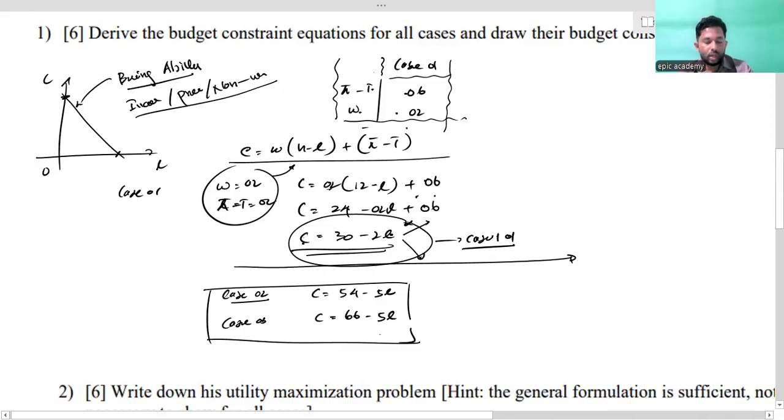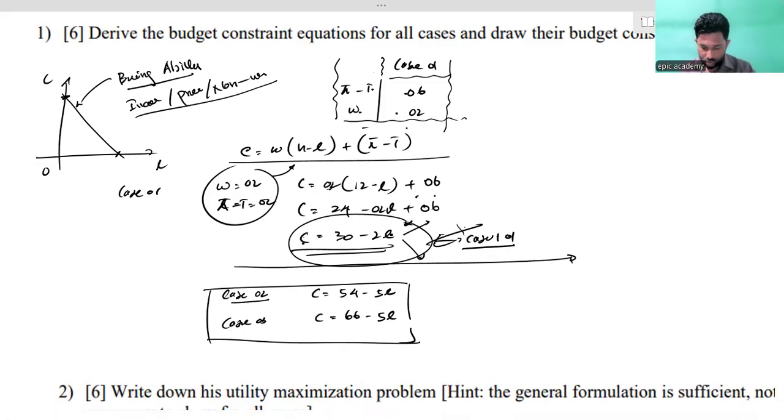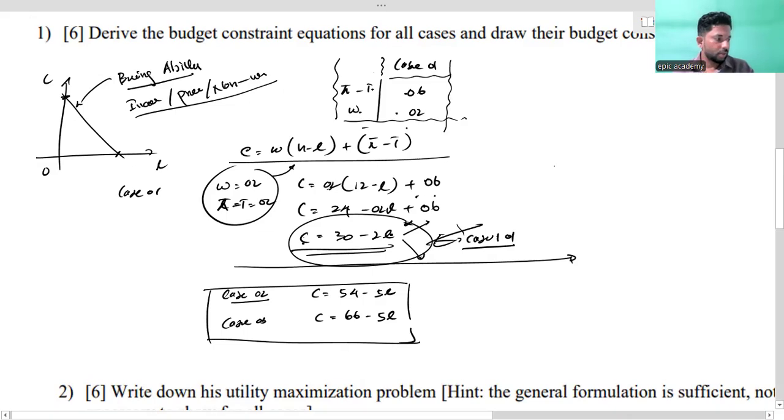Yes, 12 hours. If you put the value 12 into equation number 1, it becomes 30 minus 24, and the answer is 6. I think you can identify that one.